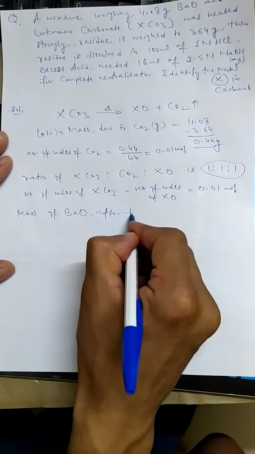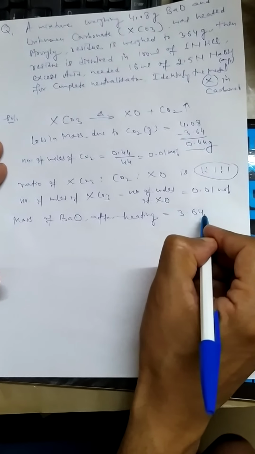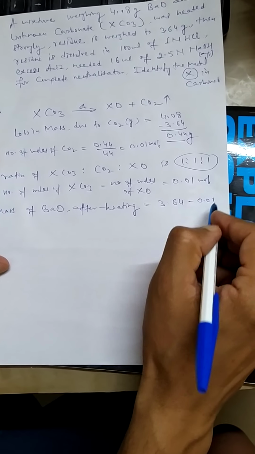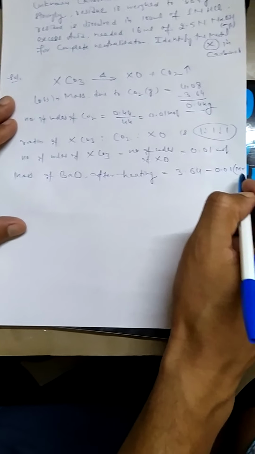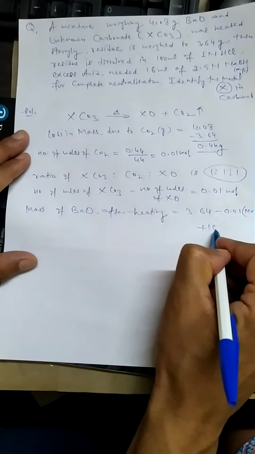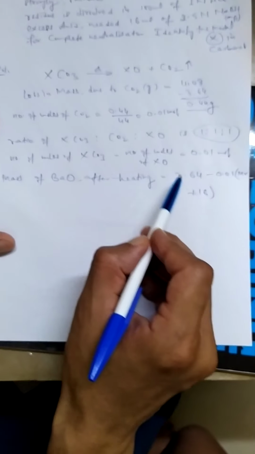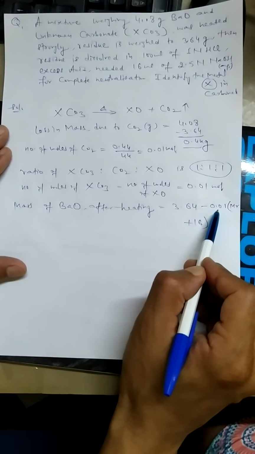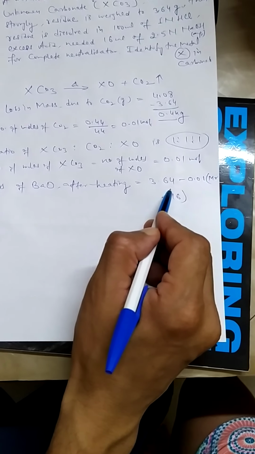Mass of barium oxide after heating strongly as given above will be 3.64 minus 0.01 times the atomic mass of the particular metal plus 16. So 16 is because of the oxygen, because the oxide is XO. The molecular mass of this has to be the Mr, and 0.01 is the mole, and 3.64 is the residue mass in total.